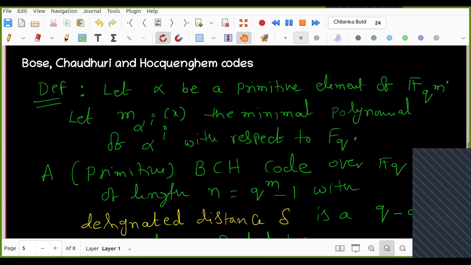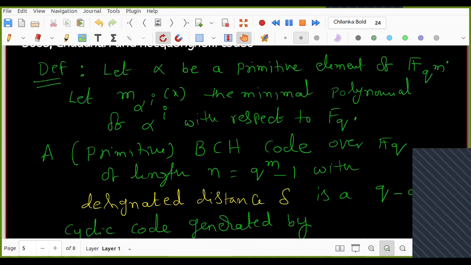Like that we constructed the cyclotomic cosets. Next time, please go through the cyclotomic cosets one more time, how we constructed the minimal polynomial, how we factored x^n minus 1 over F_q^m. That will be helpful.